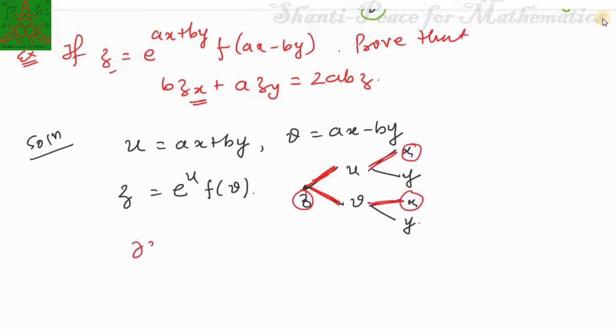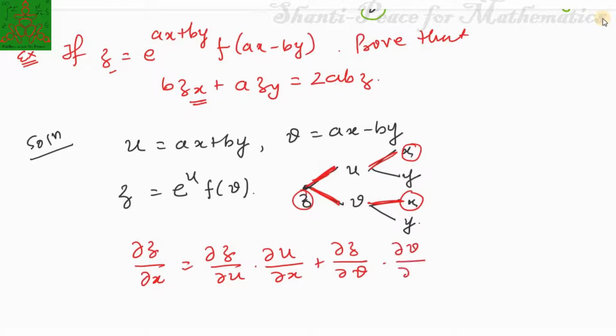So del z by del x can be written as del z by del u into del u by del x plus del z by del v into del v by del x. So you just see this, and that is equal to del z by del u.